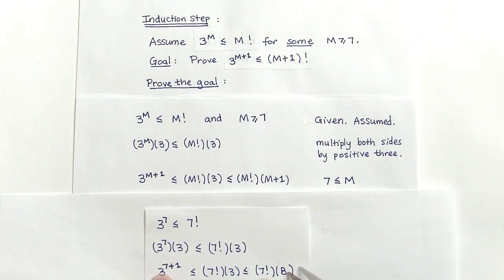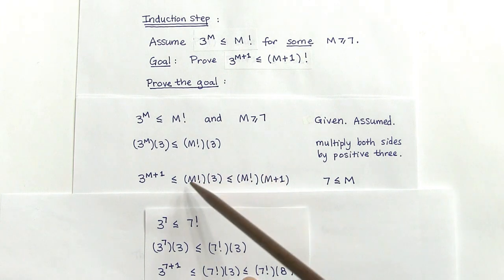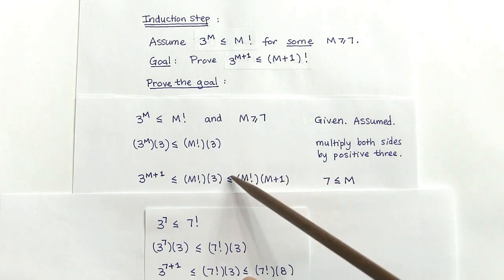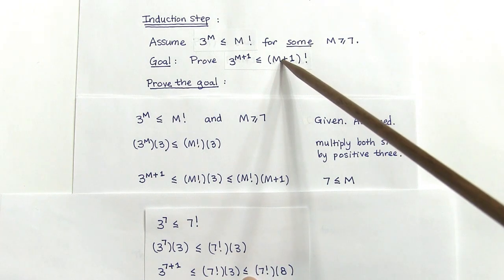What did I do next? I replaced the 3 with an 8. What's the corresponding value I should replace here? If I'm trying to bound m factorial times 3, well, my upper bound that I'm trying to achieve is m plus 1 factorial.